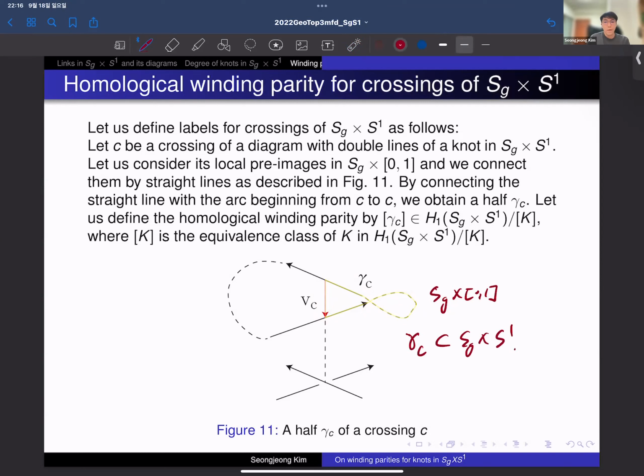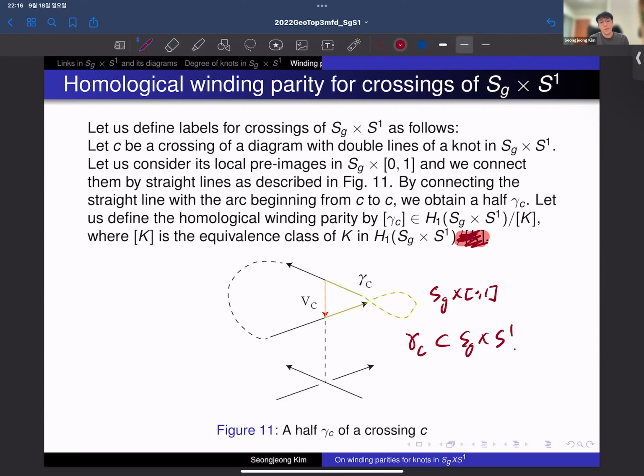For the crossing, we give the equivalence class of this closed curve in the first homology of S_g times S^1 quotiented by [K], where [K] is the homology class of K in the first homology of S_g times S^1.